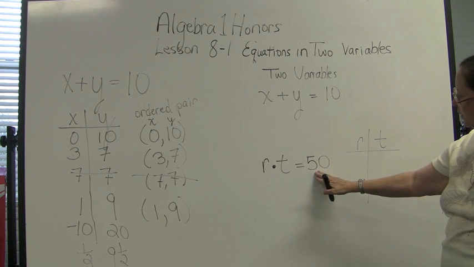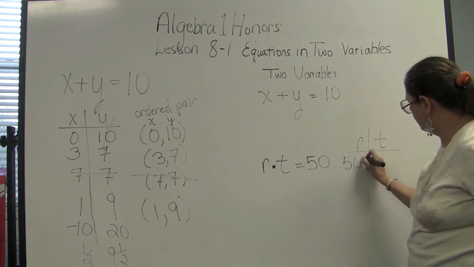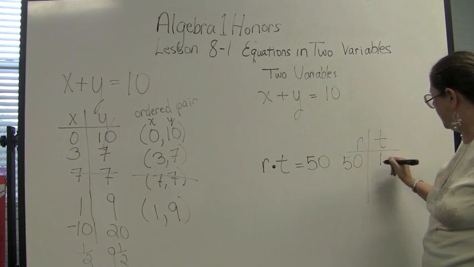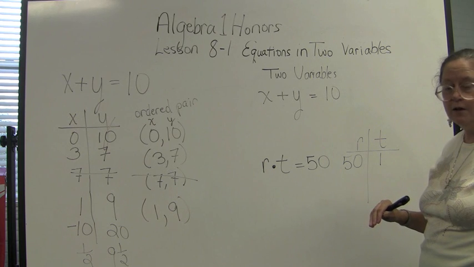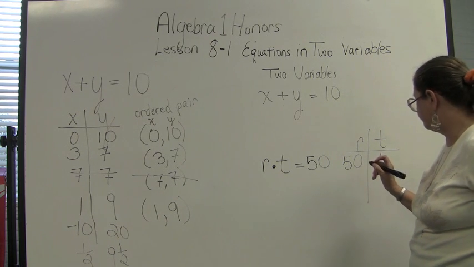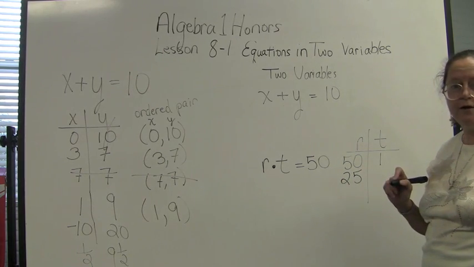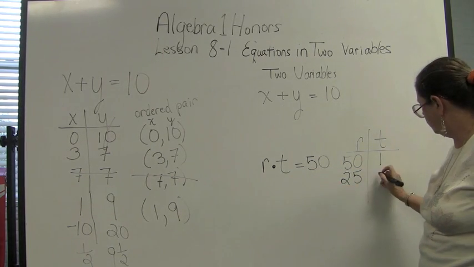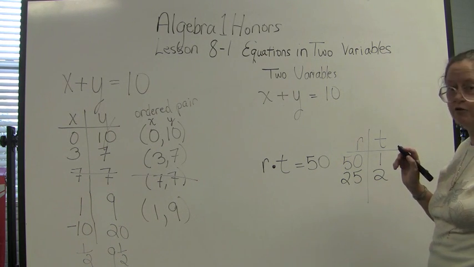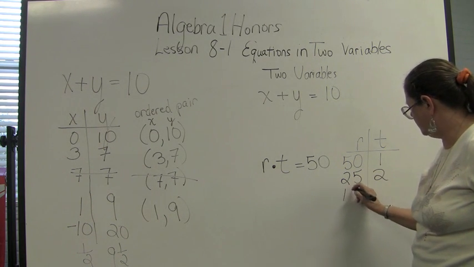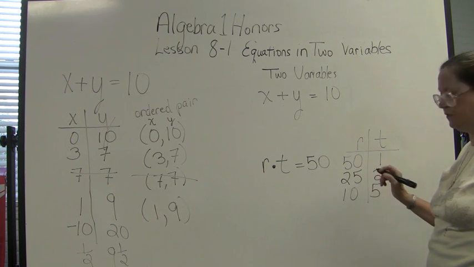We're 50 miles away. Well, if I go 50 miles an hour, it's going to take me 1 hour to get there, because 50 times 1 gives me 50. If I go 25 miles an hour, it's going to take me 2 hours to get there. Now, if I really creep along and I go 10 miles an hour, it's going to take me 5 hours to get there.